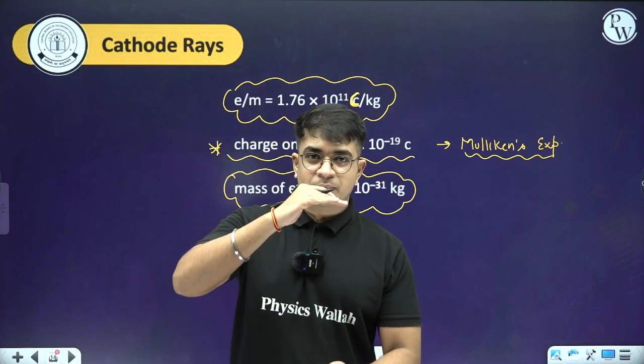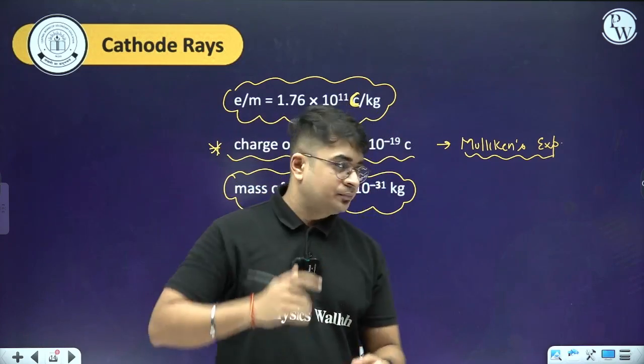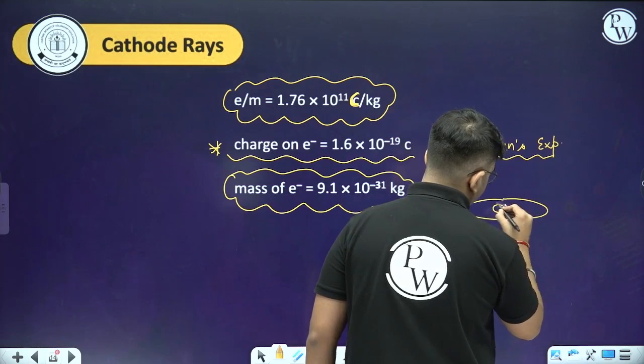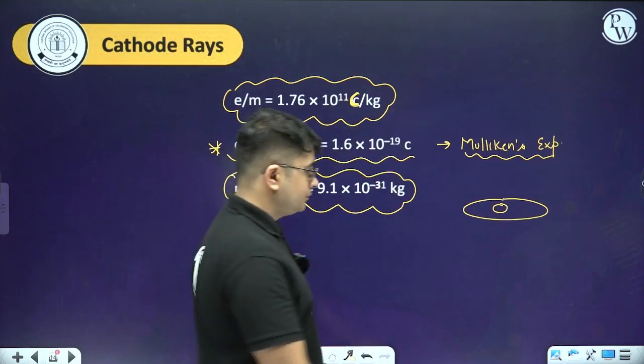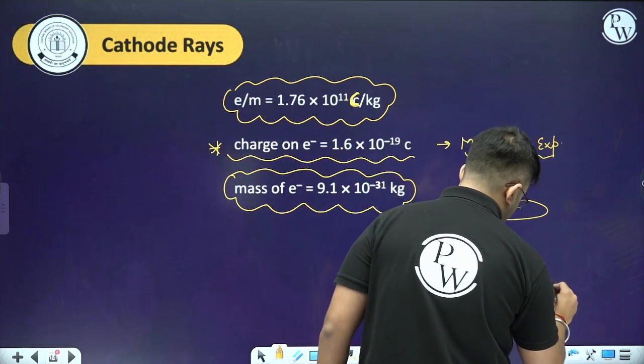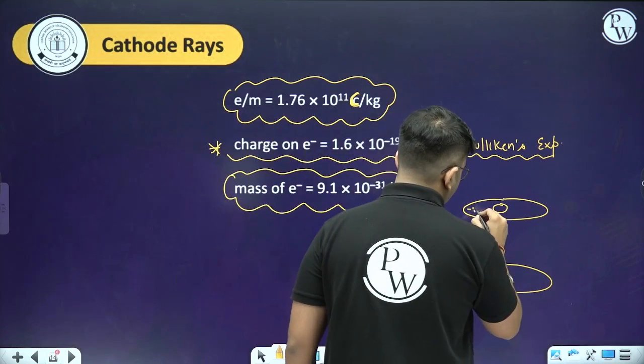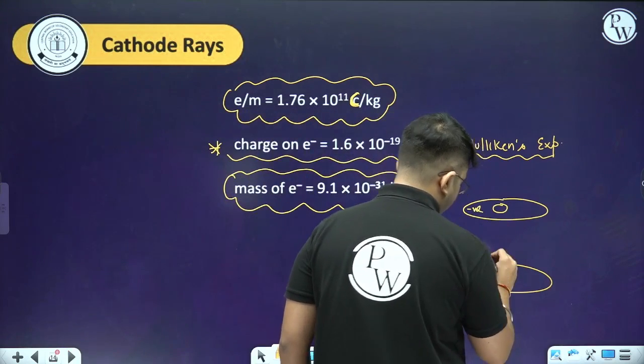And in that chamber you had two different plates. The first plate was like this, and a small hole was there, and the next plate was like this. This plate was negatively charged and this plate was positively charged.